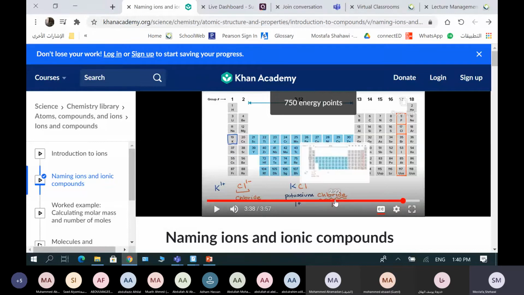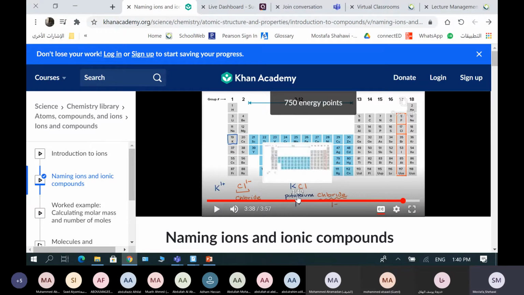So for sure, potassium will be +1 without changing the name of potassium itself. So whenever we start with the name of the metal element, or the positive part of the compound, we write it as the same name of the element. We didn't change the name of the positive ion, the cation.